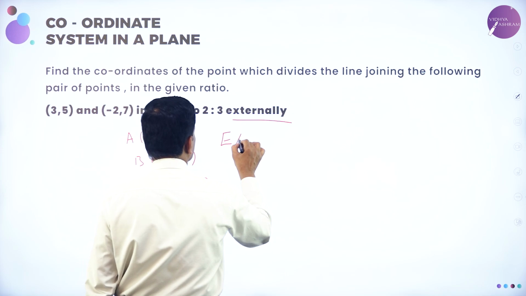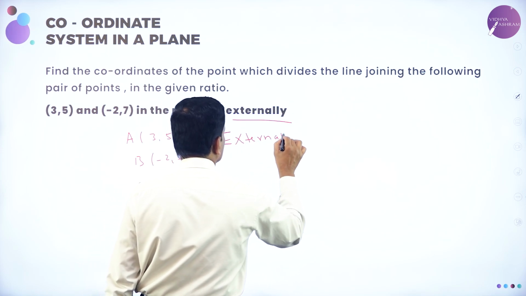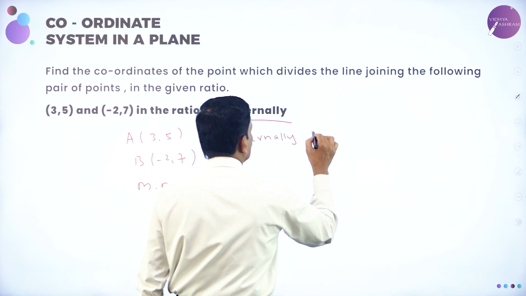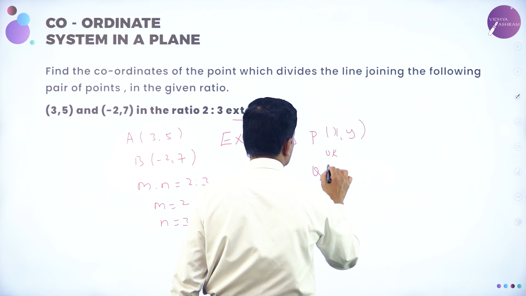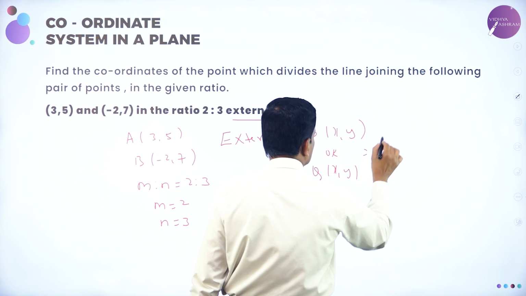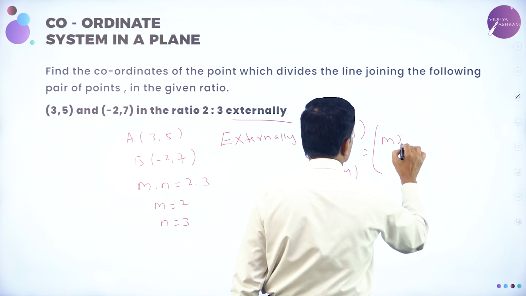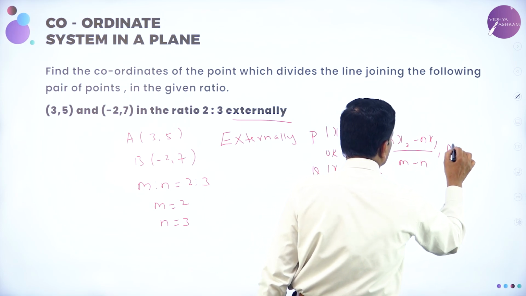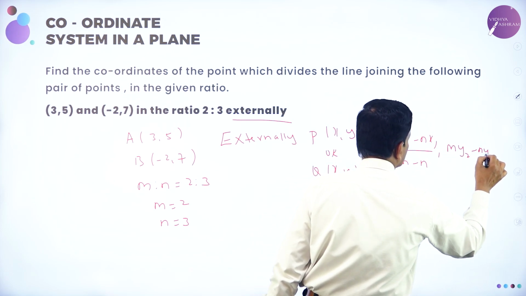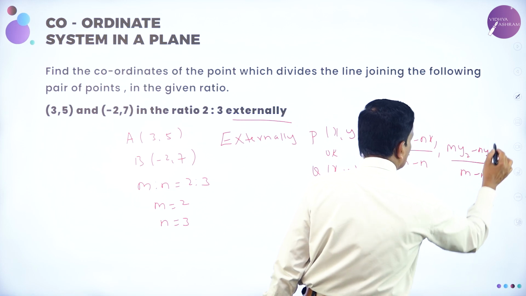External division is given by P(x, y) or Q(x, y), you can also take Q(x, y) is equal to (mx2 minus nx1) divided by (m minus n), (my2 minus ny1) divided by (m minus n).